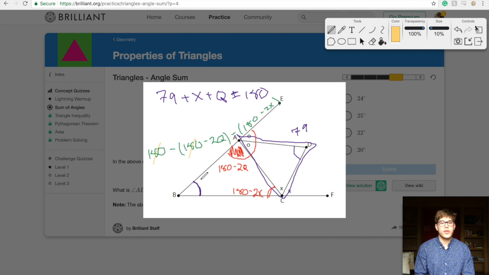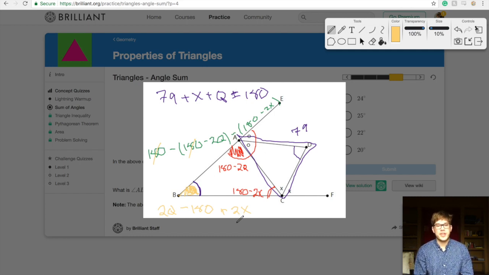So we have this angle here equals 2q minus 180 plus 2x. So this is this value b. Okay.